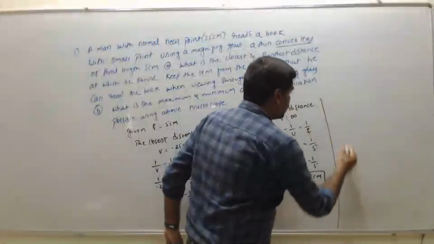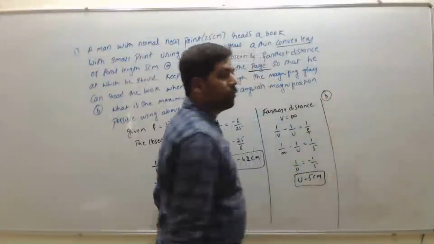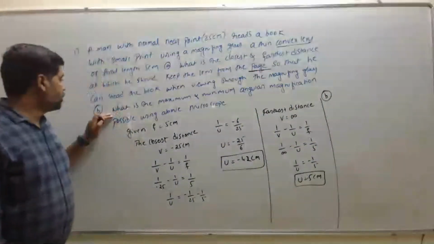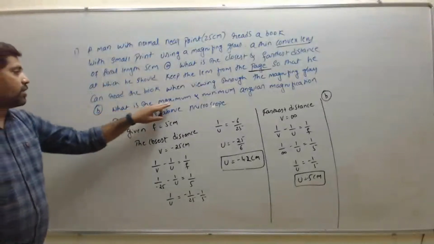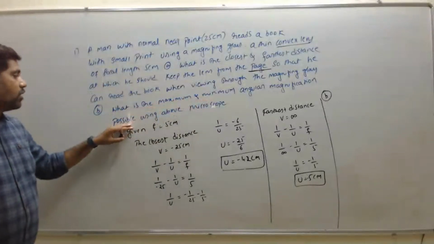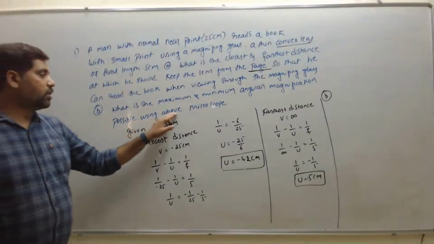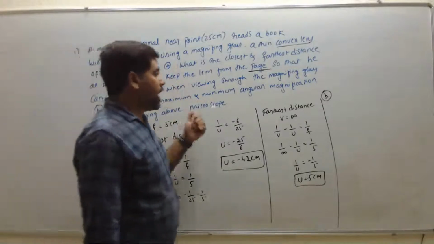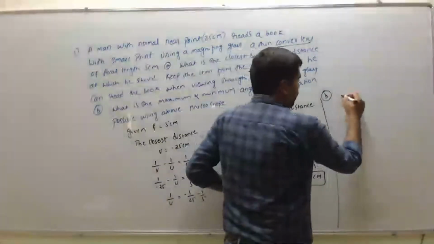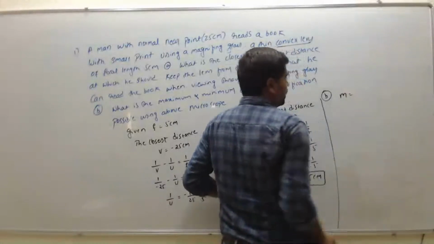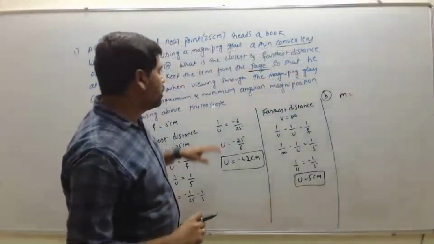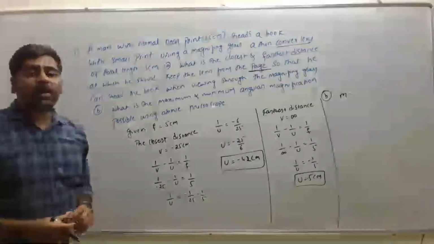So in the second question, that is option B, what is the maximum and minimum angular magnification possible with the above microscope? Angular magnification is nothing but magnifying power, m. This is the simple microscope.